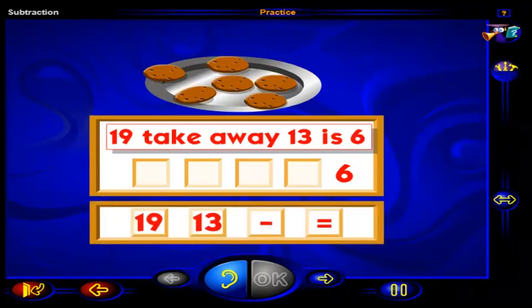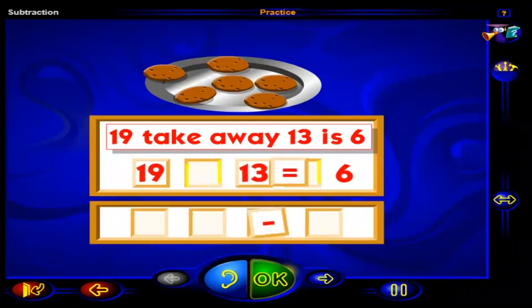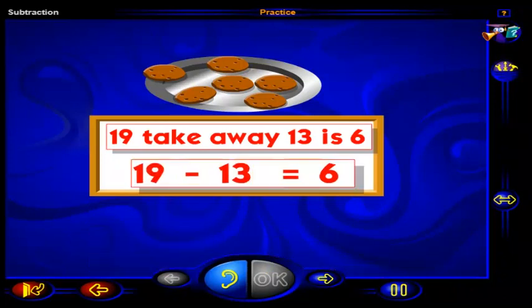Drag each sign and number to the correct place. When you're done, click OK. That's it. This number sentence shows that 19 take away 13 is 6.